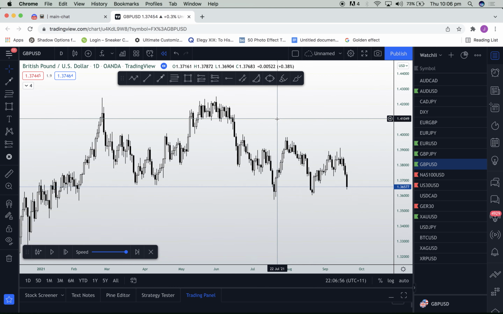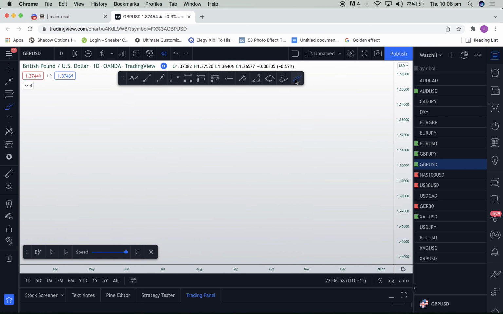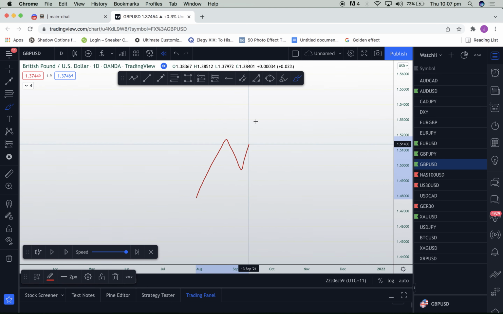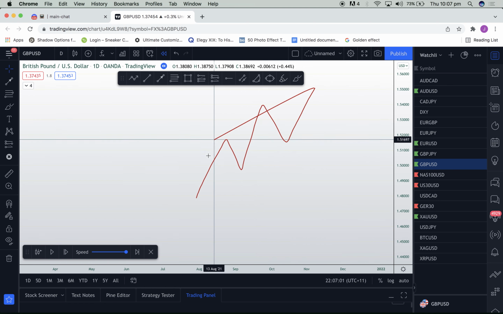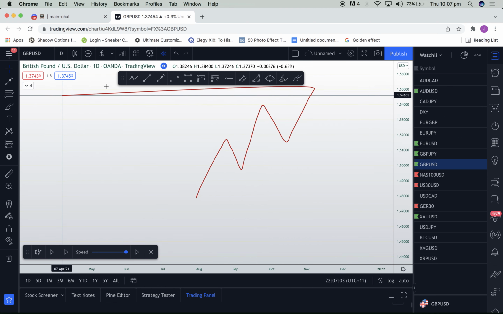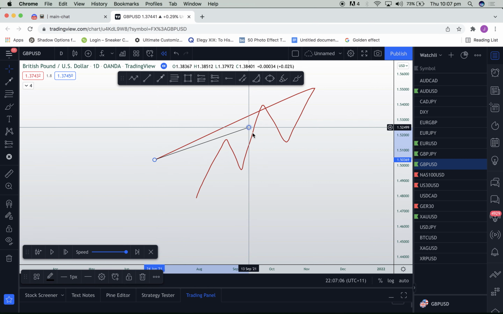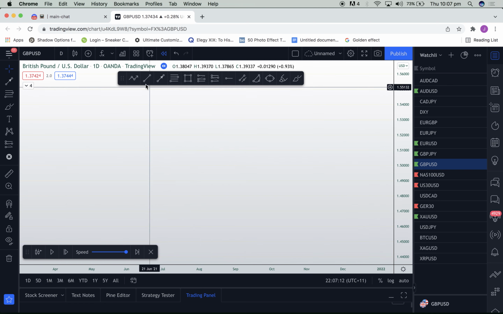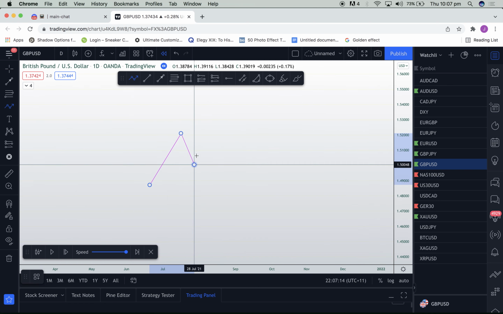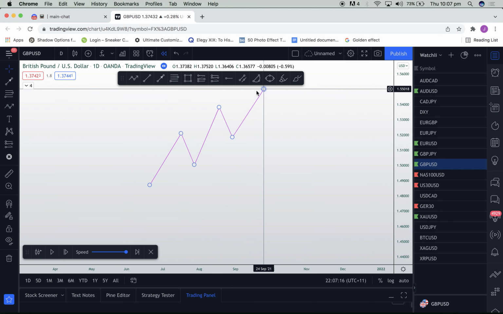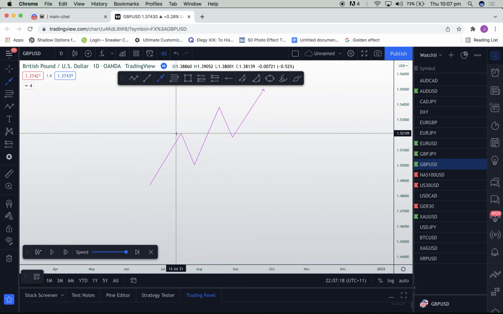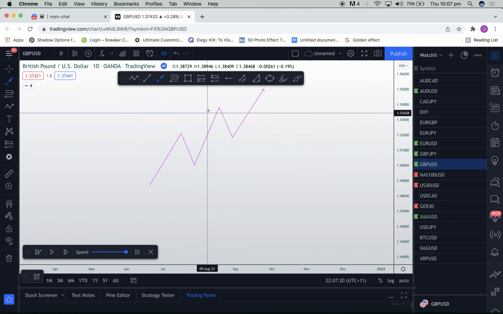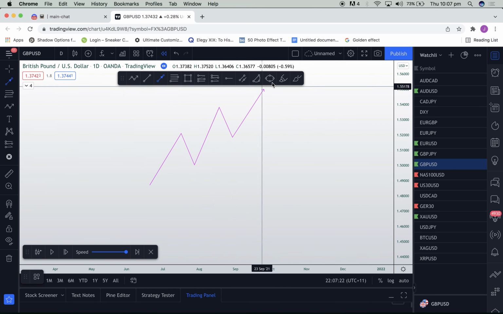So, in essence, the market moves in two directions, up and down. For us to go higher, we need to make higher high, higher low, higher high, higher low, so on and so forth, right?